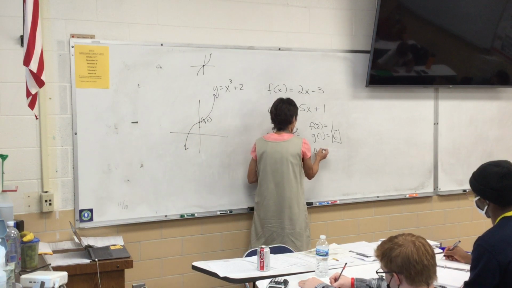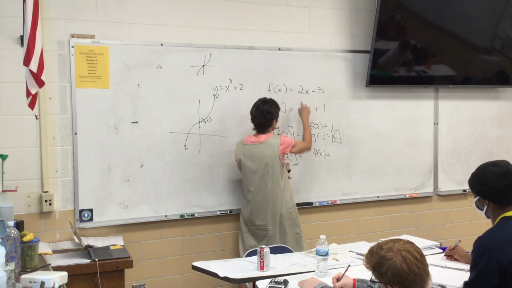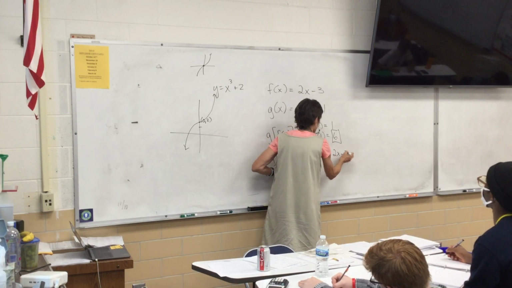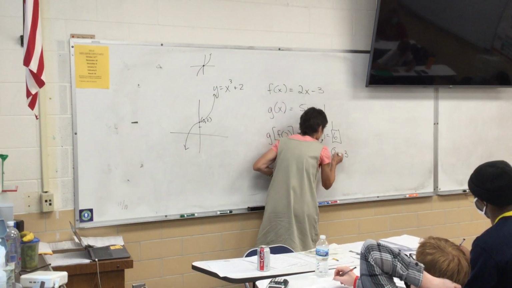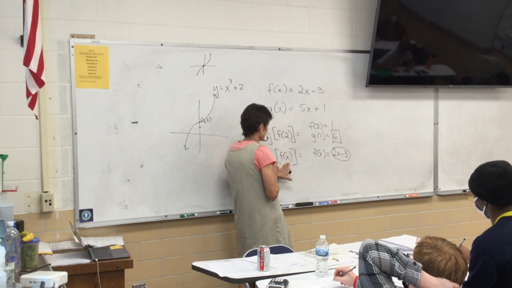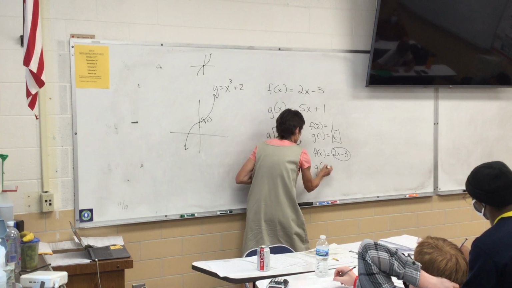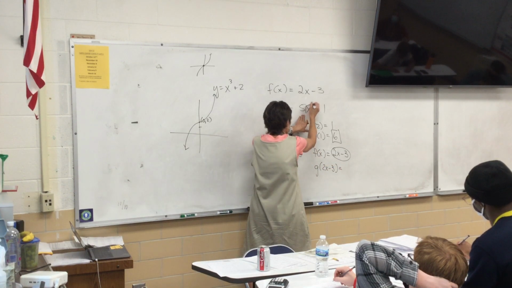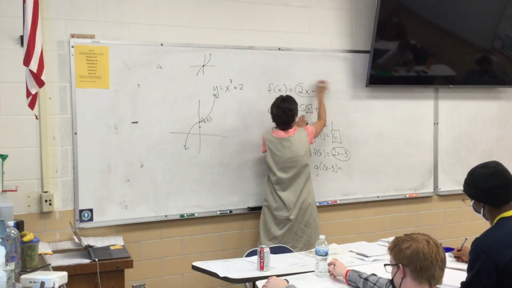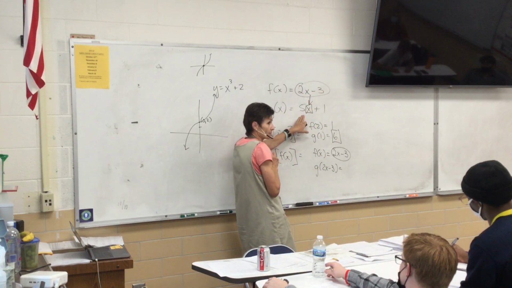So f of x is 2x minus 3, period. Then we take the 2x minus 3 and plug it into g. So that means right here goes 2x minus 3.